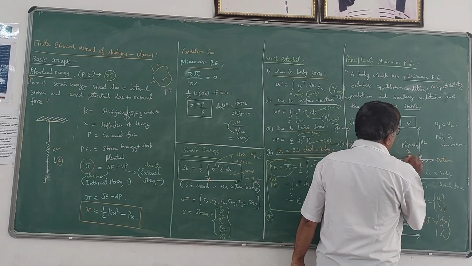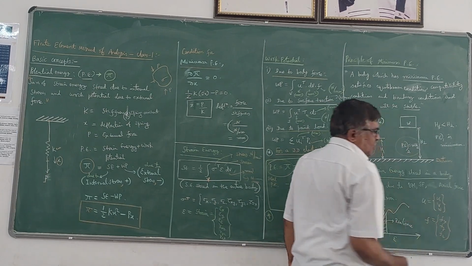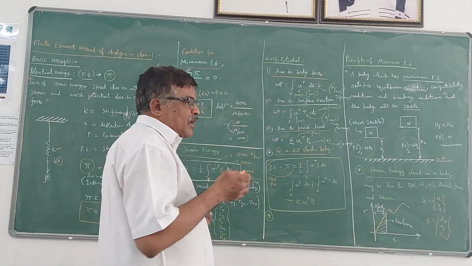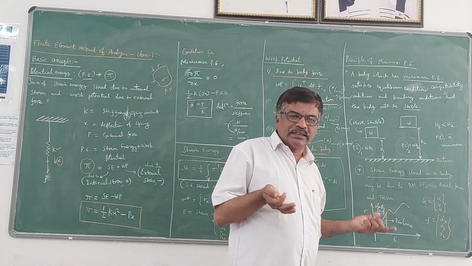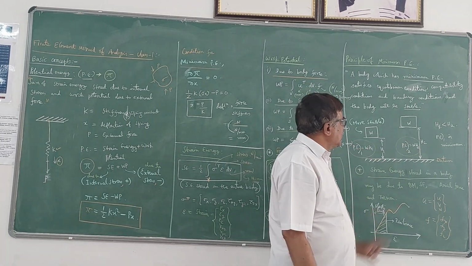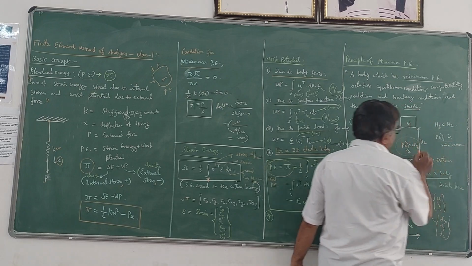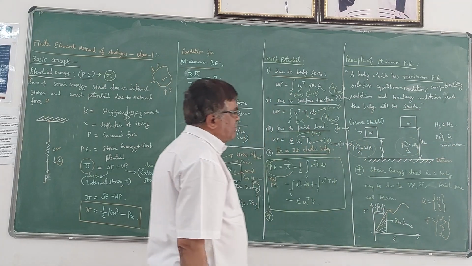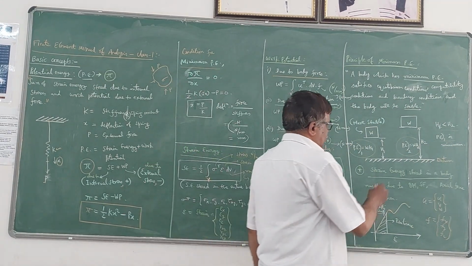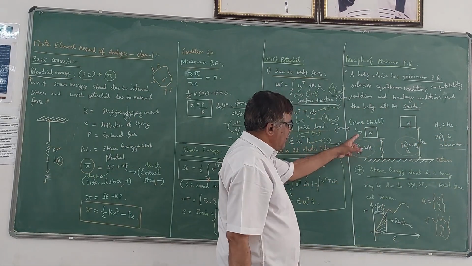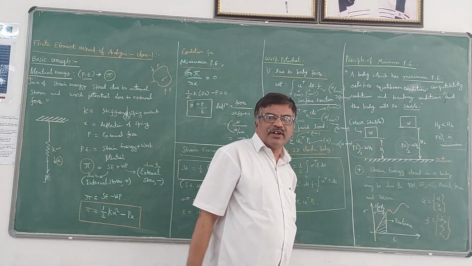The potential energy of the second body is W into H2, or mgh, since mass multiplied by acceleration due to gravity is the weight. Now you can observe H1 is less than H2. Since W is the same, PE1 is the minimum, so PE1 is less than PE2. That means this body is more stable. That is the meaning of that.